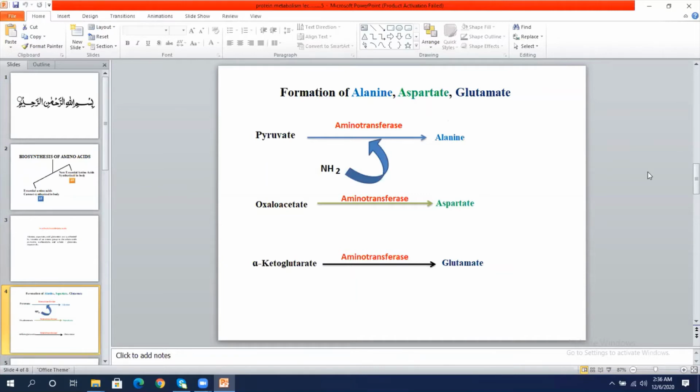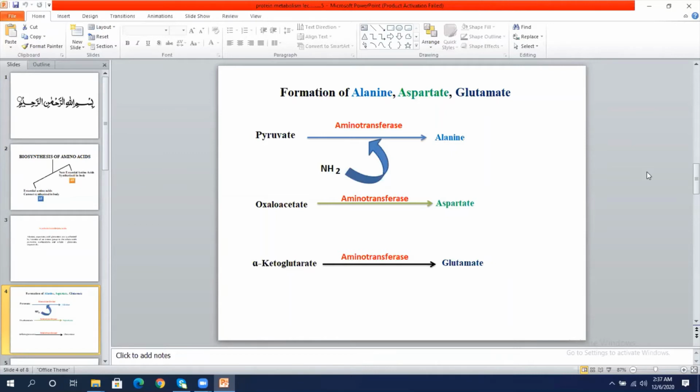In the same way, oxaloacetate receives an amino group and, in the presence of the aminotransferase enzyme, forms aspartate. In the same way, alpha ketoglutarate receives an amino group and, in the presence of aminotransferase, is converted into glutamate.